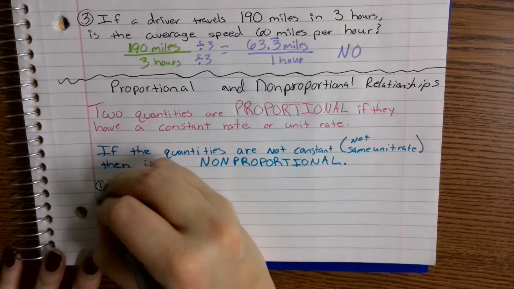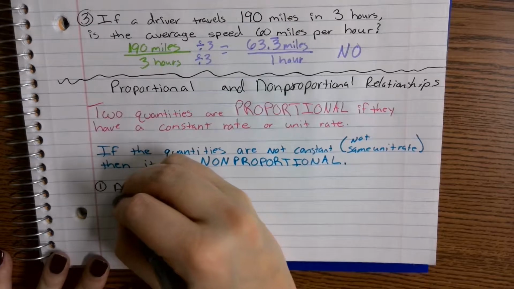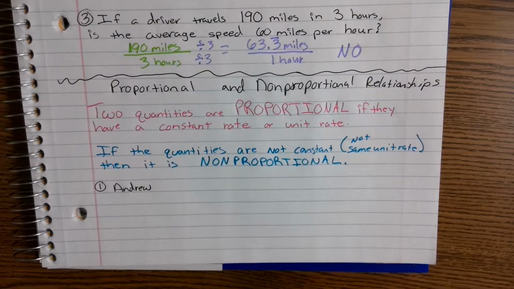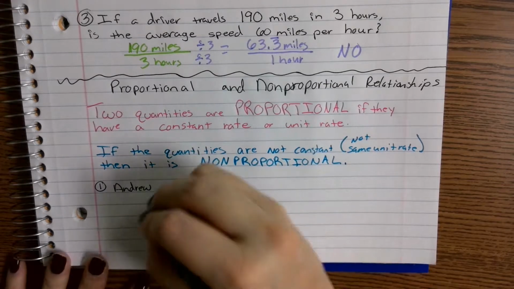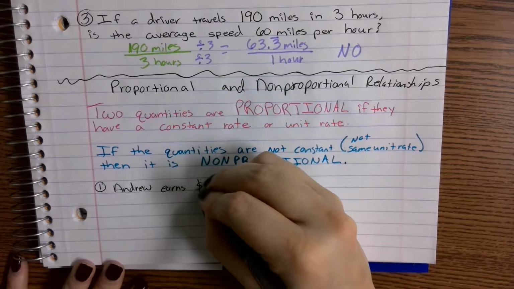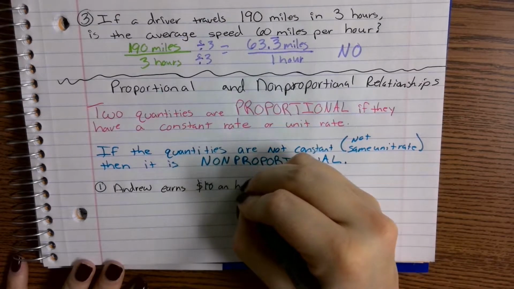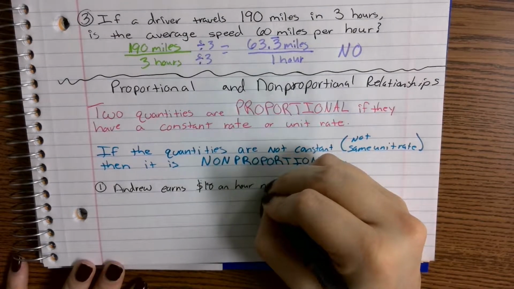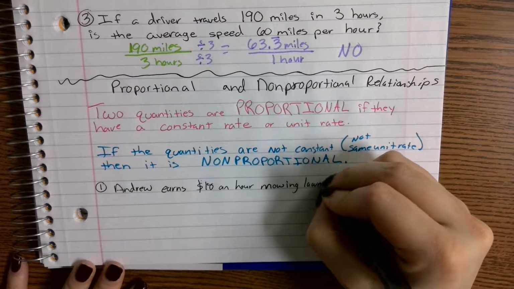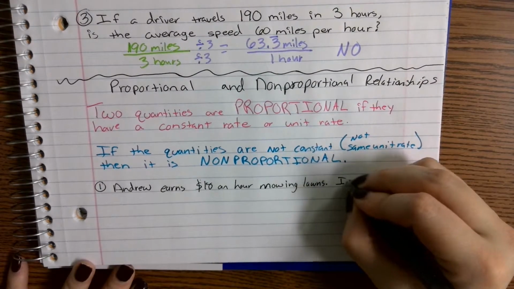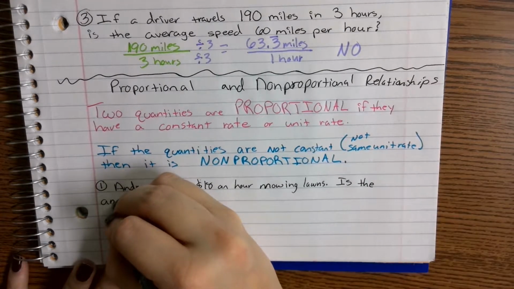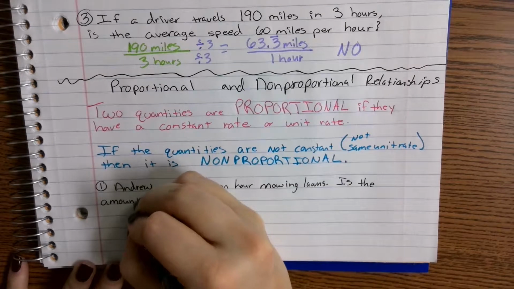So let's say that we've got Andrew, and Andrew's going to earn $18 an hour mowing lawns in his neighborhood. So what I want to know is, is the amount of money proportional to the hours that he works?